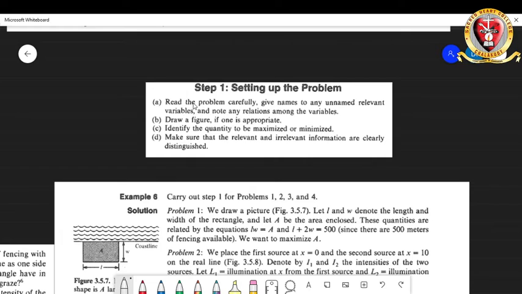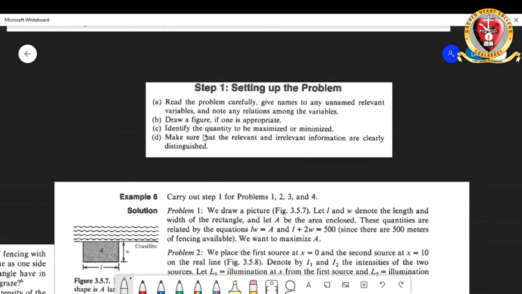In the first part we are asked to read the problem very carefully, give names to unnamed or relevant variables, and note the main relations among the variables. Secondly, we can draw a figure if it helps us.